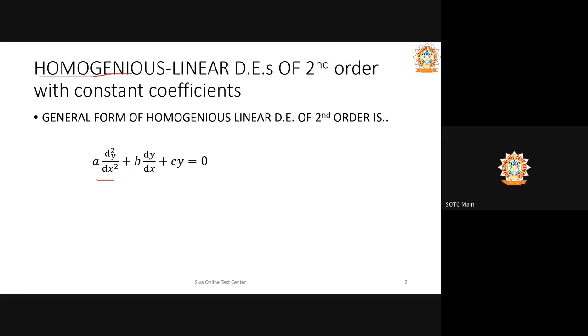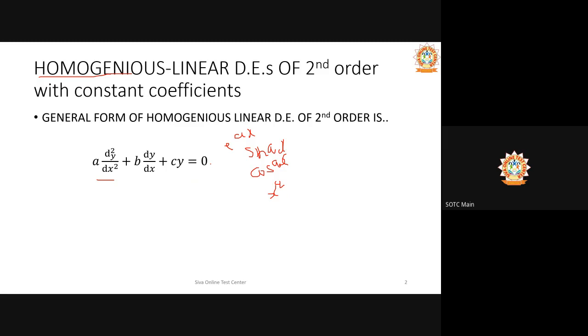Non-homogeneous means it is equal to some function, like e power ax, sin ax, cos ax, x square, x cube and so on. If it is equal to 0, we call it a homogeneous differential equation.